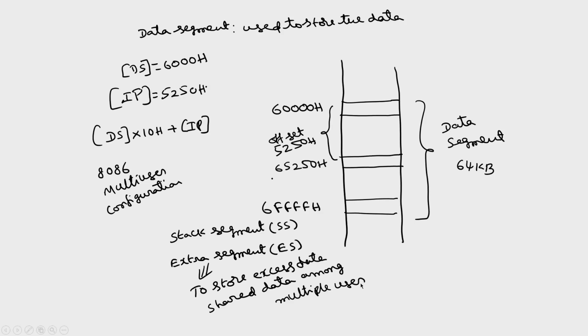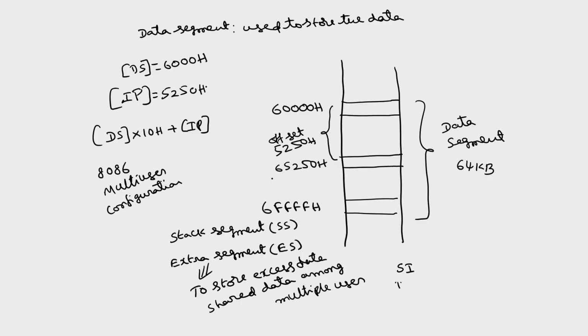Also the extra segment will be used in string operations. A string is when you want to transfer a huge amount, a block of data, from one location to another location. In that case also we can use this extra segment. In the extra segment, the offset will be stored by source index and destination index, SI and DI registers, as I have discussed in the earlier slide.